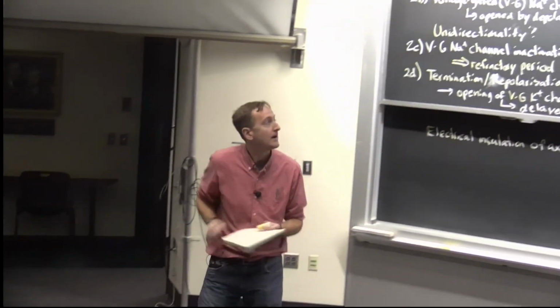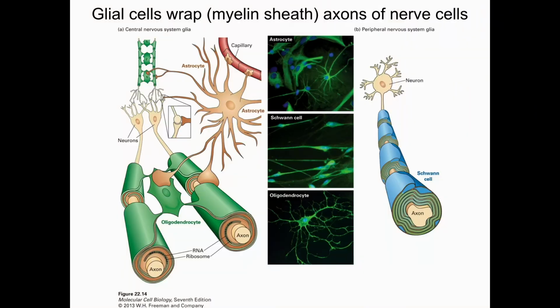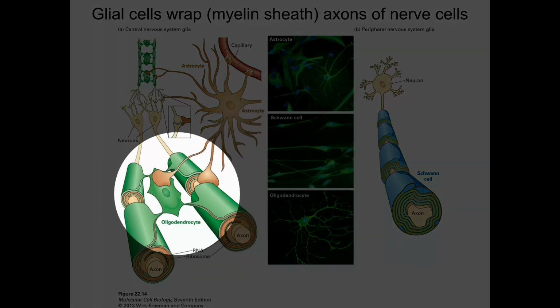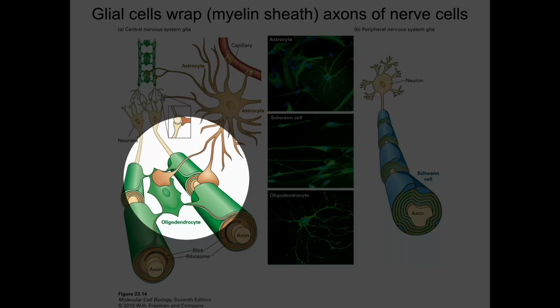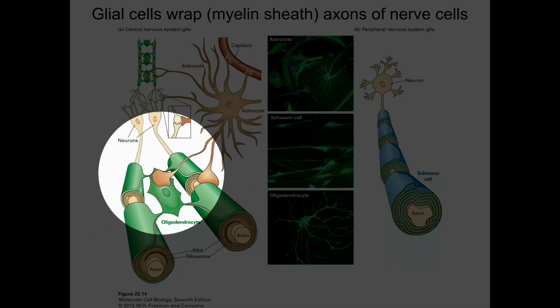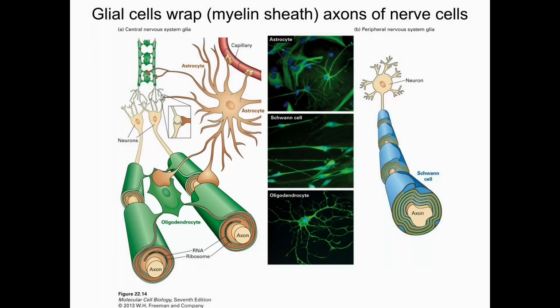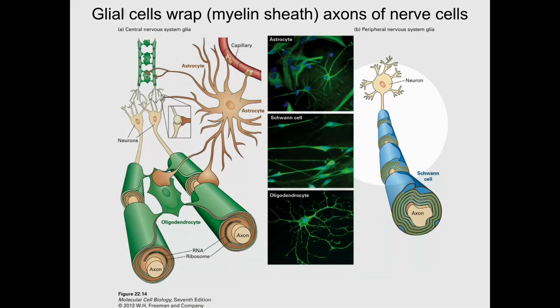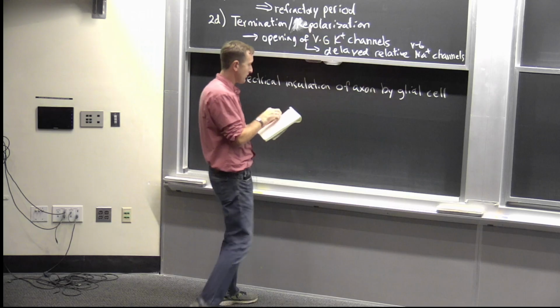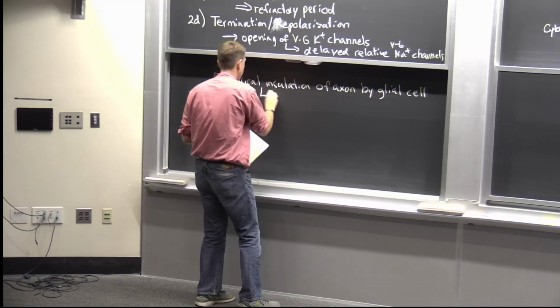Okay. And here are two examples of glial cells. They're oligodendrocytes, and you can see how this cell is extending processes that wrap around the axons of these two neurons. Here's a Schwann cell over here, which again wraps around the axon. And these cells basically form what's called a myelin sheath.